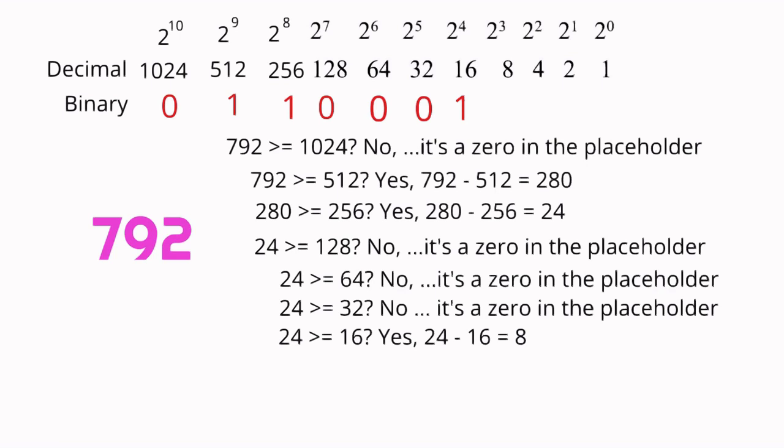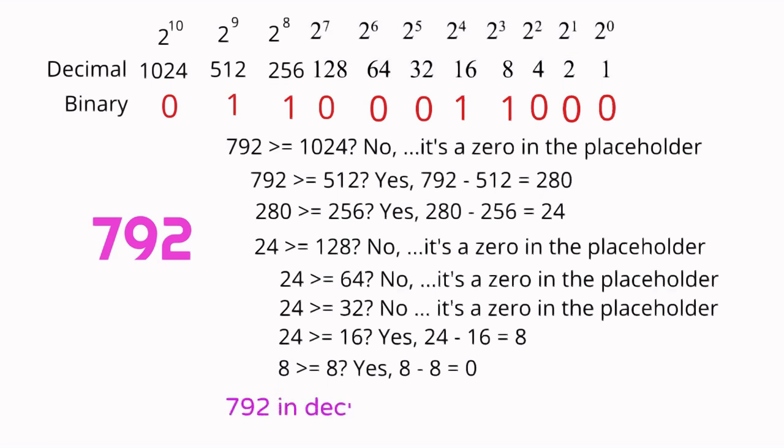Then we calculate 24 minus 16, which is going to leave us with 8. Now we compare 8 to 2 to the 3, which is also 8. So 8 minus 8 is 0. We're going to write a 1 under 2 to the 3 and zeros under the remaining values to the right of 2 to the 3. When we are done, we will have a representation of 792 in binary, which is 1100011000.